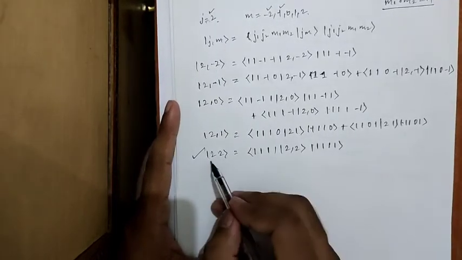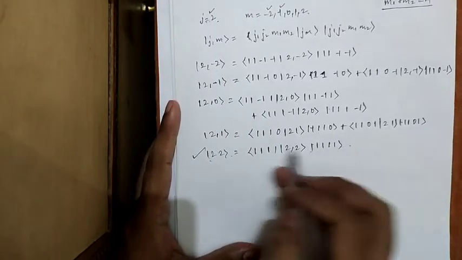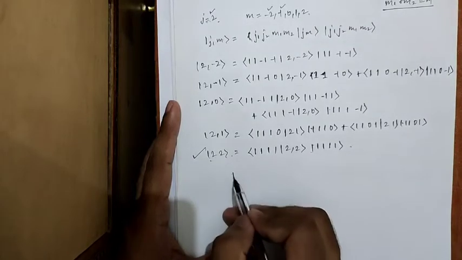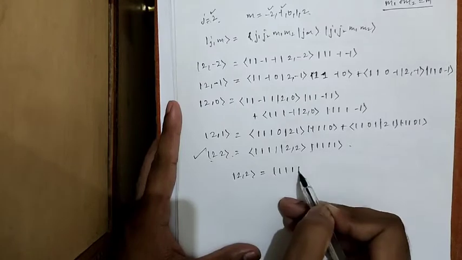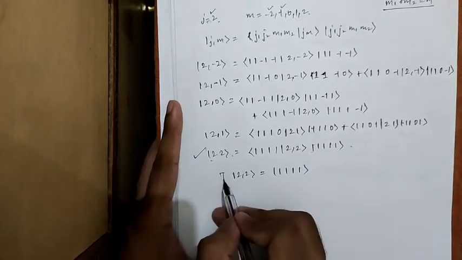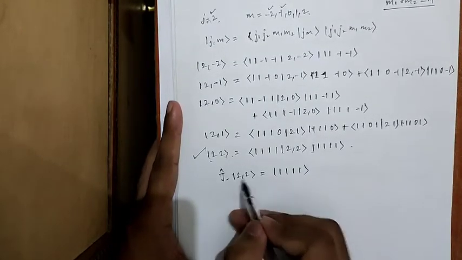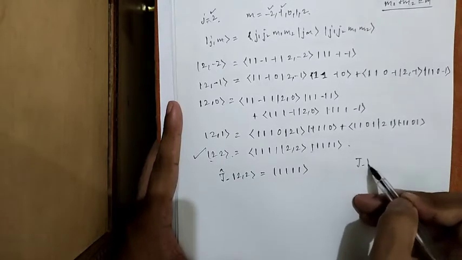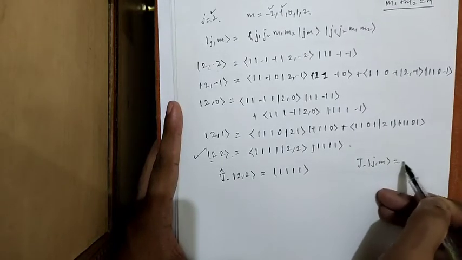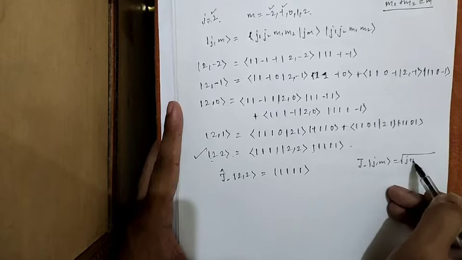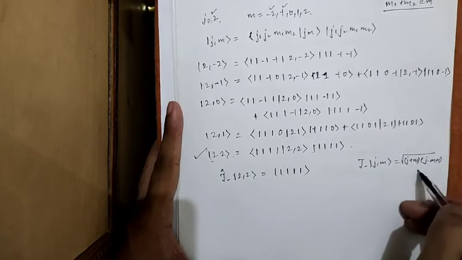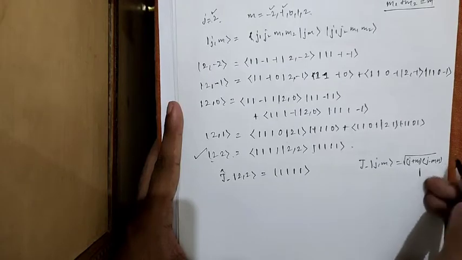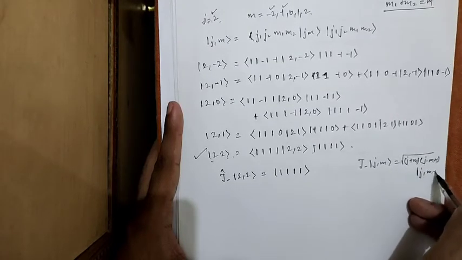As we know that 2, 2 and 1, 1 are normalized, we can write 2, 2 equals 1, 1 with 1, 1. When you operate the J minus operator on 2, 2, as we know, J minus operating on the JM state gives us root of (J plus M)(J minus M plus 1), and it changes the eigenstate to J, M minus 1.